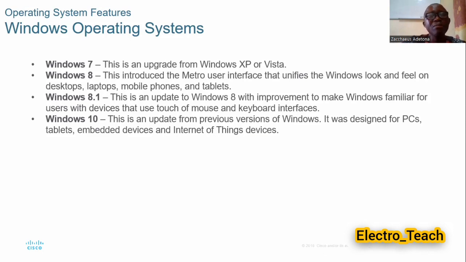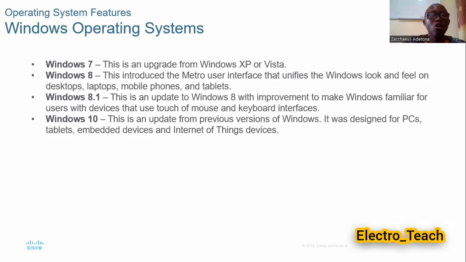Now, Windows 8 was introduced after Windows 7 as an upgrade over Windows 7. And this operating system introduced the Metro user interface that unifies the look and feel on desktops, laptops, mobile phones, and tablets. Then we have Windows 8.1.